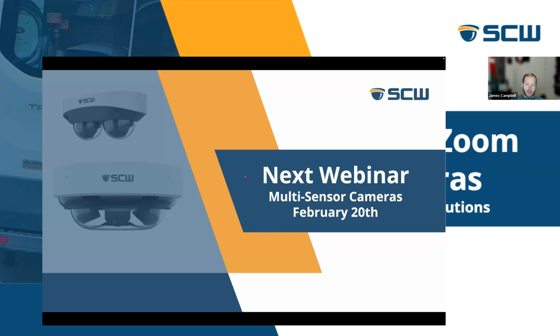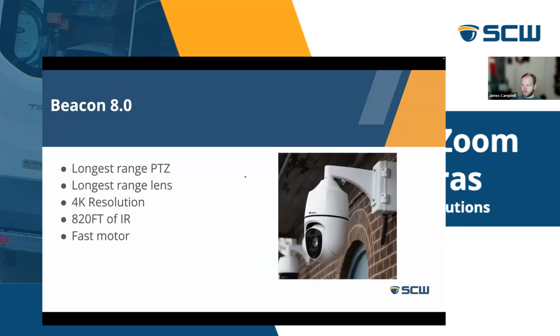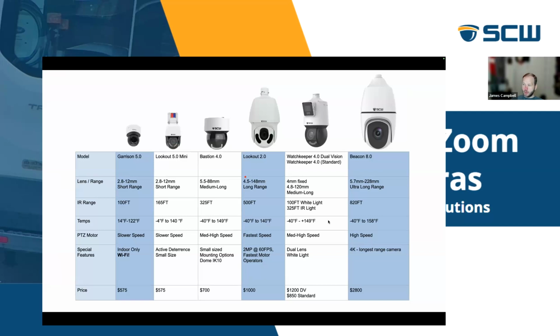I wouldn't imagine there should be an issue there either. They should be good to go as long as it's within that temperature range, which for most of them is around 140 degrees Fahrenheit. Ratings are anywhere from 149 to 158. The only one that's on the 122 side is the indoor only camera.